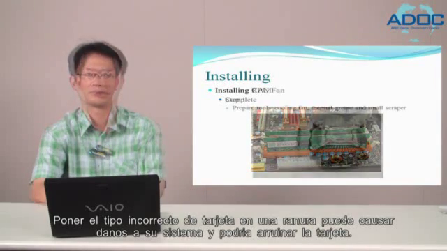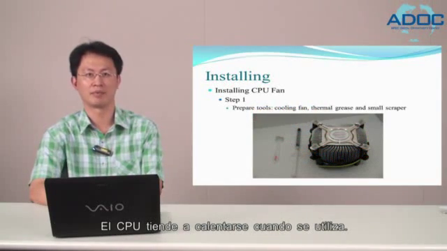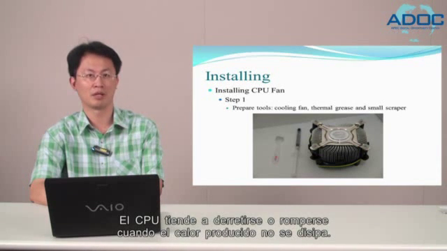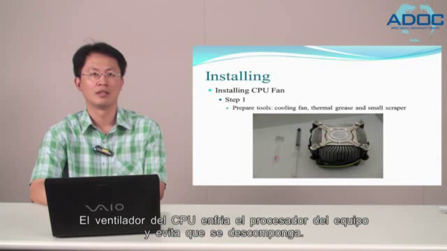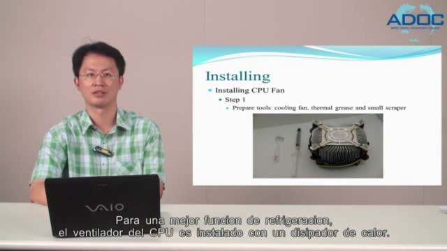The CPU tends to heat up when being used. The CPU tends to melt or break down when the heat produced is not dissipated. The CPU fan cools the computer's processor and prevents it from breaking down. For better cooling, the CPU fan is installed with a heatsink.